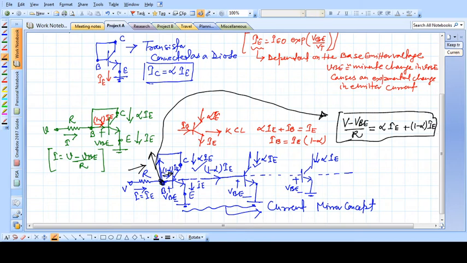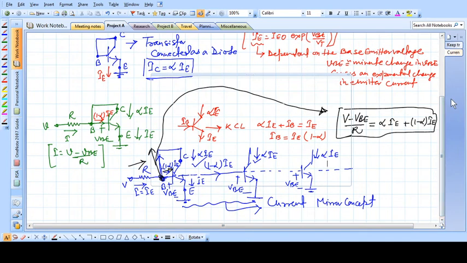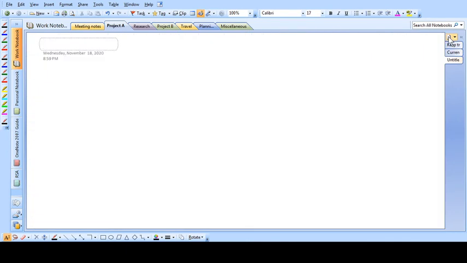So you can write this equation depending upon how many transistors you are connecting. Now I am making the next diagram for the simplest one, the simplest diagram for this current mirror. Wait for 1 minute.